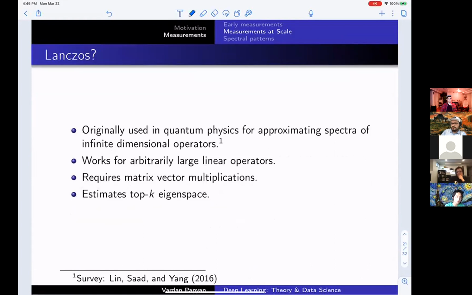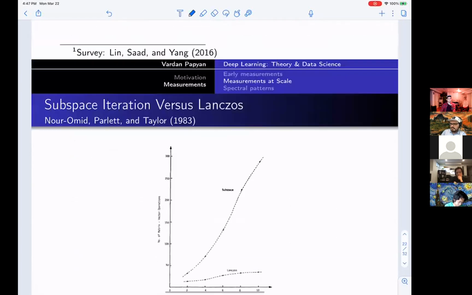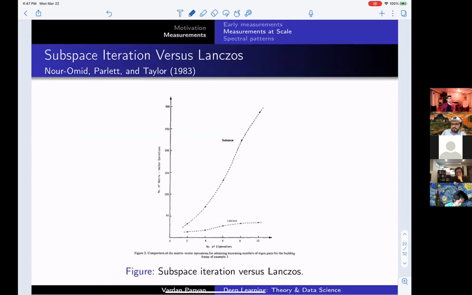The Lanczos algorithm was originally used in quantum physics for approximating spectra of infinite dimensional operators. So it's basically an old algorithm. The beautiful thing about it is that it estimates the top K eigenspace, similar to the subspace iteration method, but it's very, very fast.